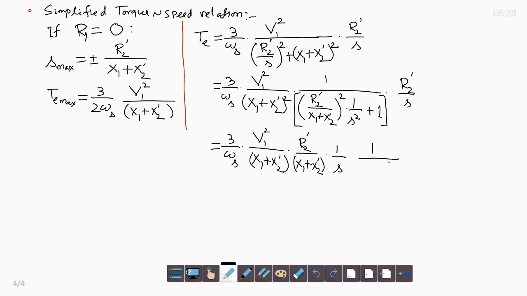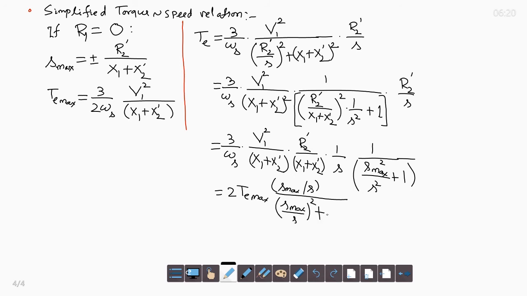So, 1 by S max square divided by S square plus 1. So, it is 2 TE max into S max by S divided by S max by S square plus 1. So you can write it as 2 TE max into 1 divided by S max by S plus S divided by S max. So this is the simplified torque equation.